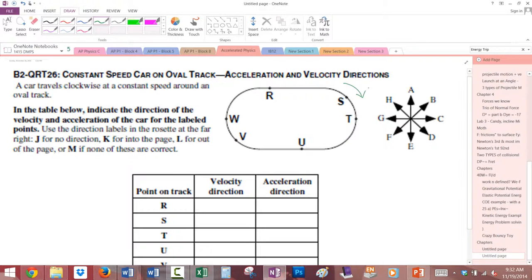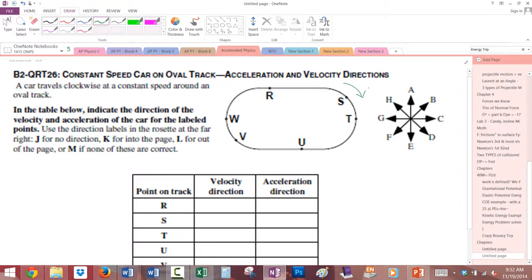In the table below, indicate the direction of the velocity and of the acceleration of the car for the labeled point. So here are some different direction choices. Does that make sense?